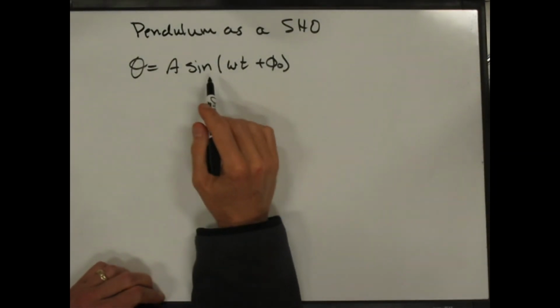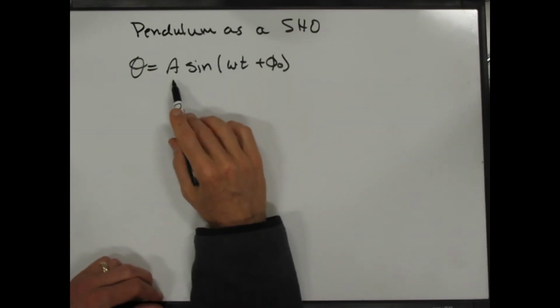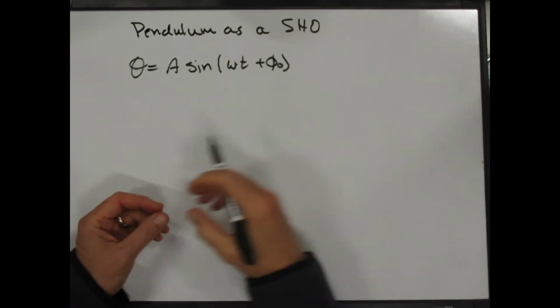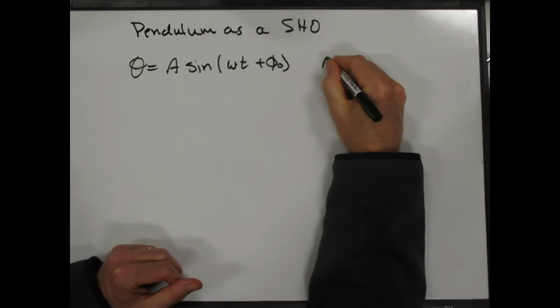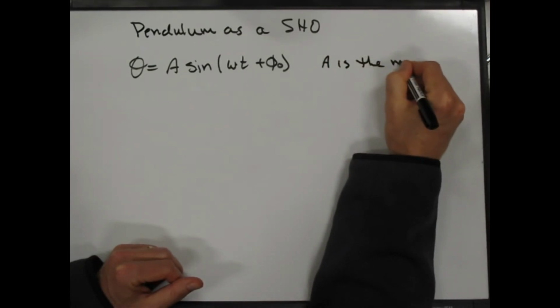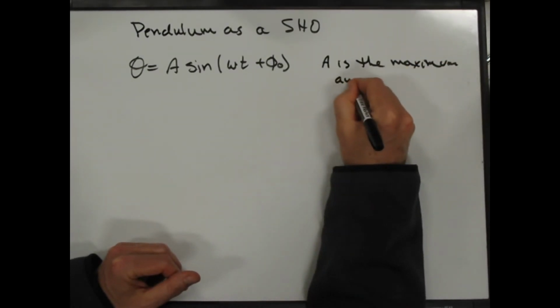So what we showed was that the differential equation for position in a pendulum looks like this, where A, when we were doing the spring, was the maximum displacement of the spring. In this case, A is the maximum angle.